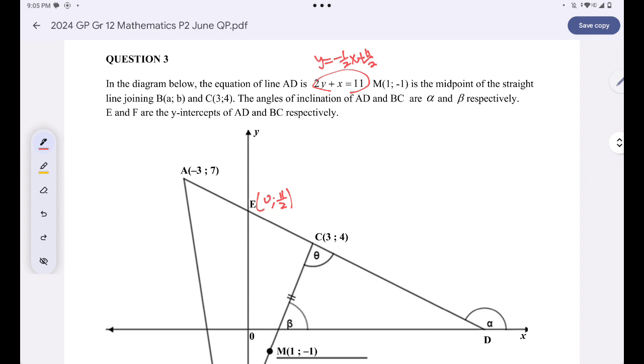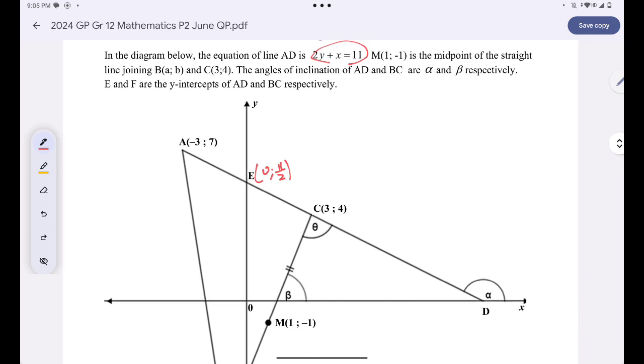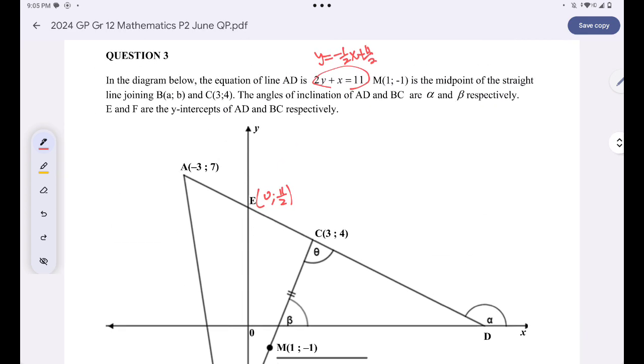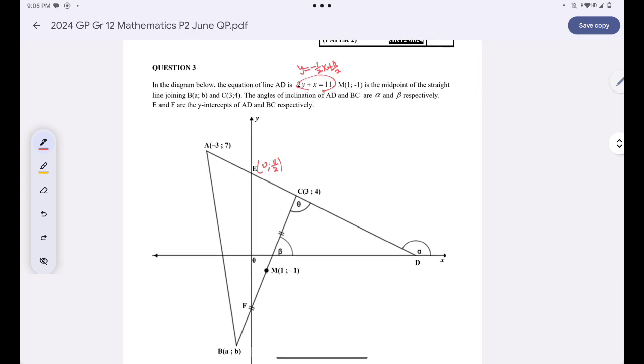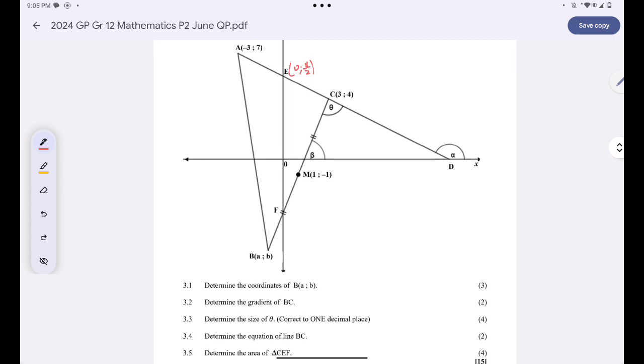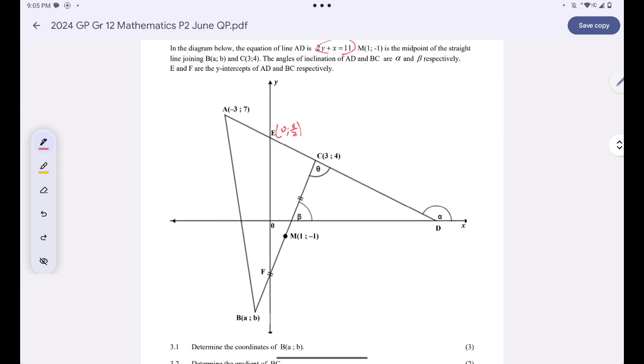I'm told that M is the midpoint of the straight line joining B and C. The angles of inclination of AD and BC are alpha and beta respectively. E and F are the y-intercepts of these two lines. Calculate the coordinates of B.